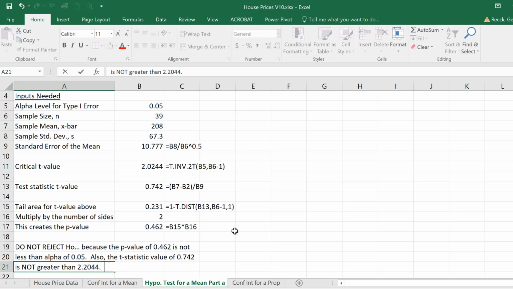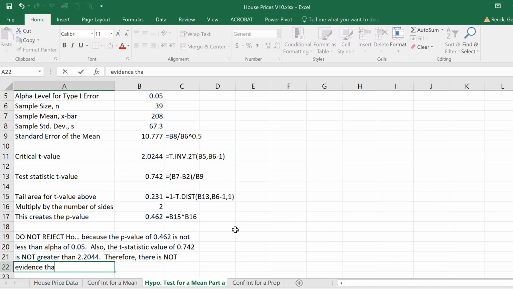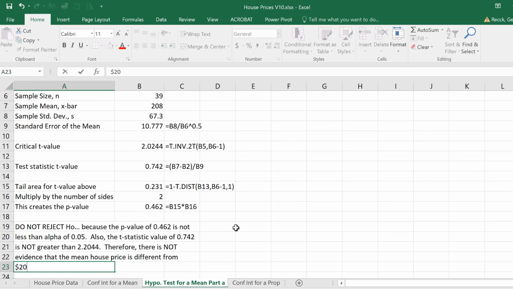Therefore, there is, again, I'm kind of emphasizing the nots here, there is not evidence that the mean house price is different from 200,000 at the 0.05 level of significance.